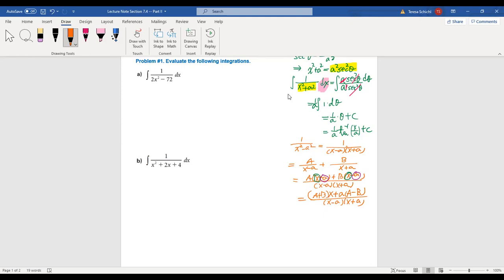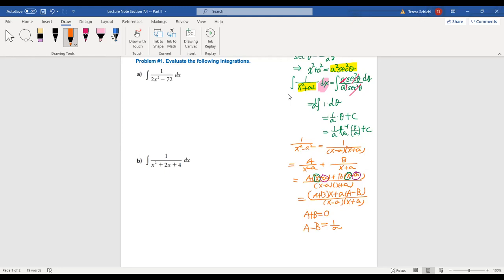So now you compare to 1. You know A plus B is going to be equal to what here? A plus B doesn't appear here, so it will be zero, right? So A plus B is going to be 0, and then A minus B is going to be 1 over a here.